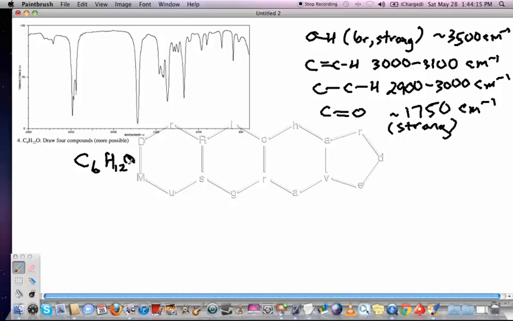C6H12O, effectively C6H12. Now we figure out what it would be if it was saturated. It'd be C6H, 6 times 2 plus 2 is 14. So that's saturated. That's what we actually have.